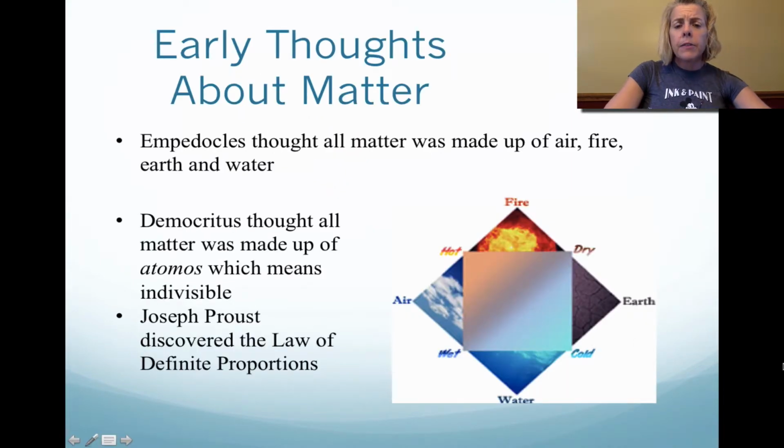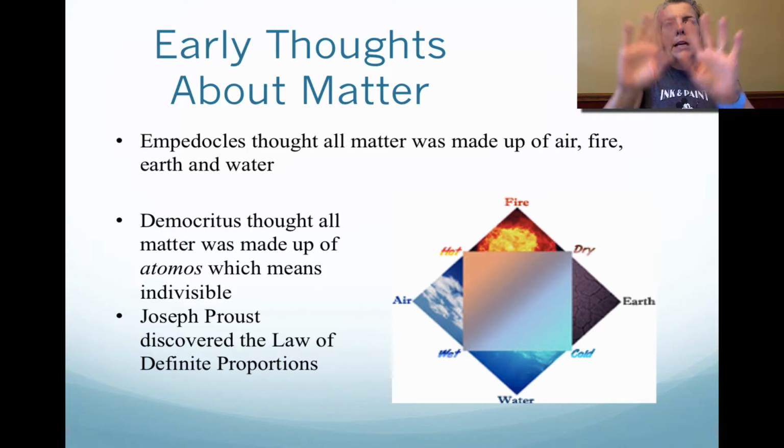Okay, now the interesting thing is, it took a long while for them to figure out what's the difference between an element and a compound. Empedocles, I don't know if I'm saying that correctly, was one of the Greeks that came up with the idea that all matter has air components, fire components, earth components, water components.